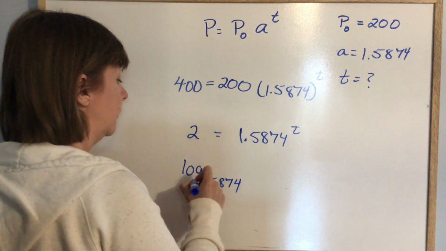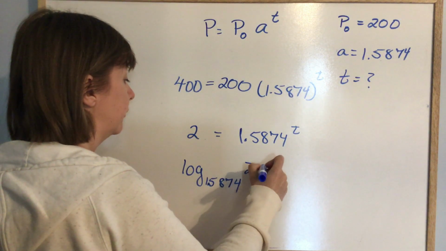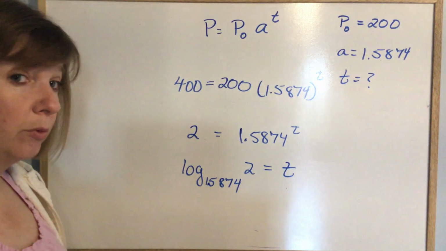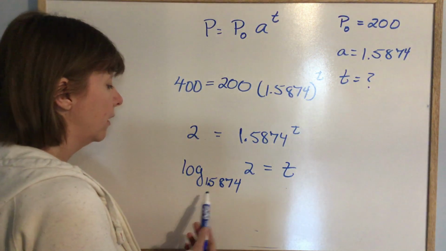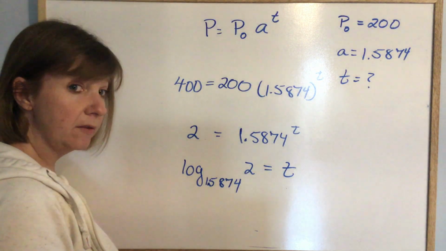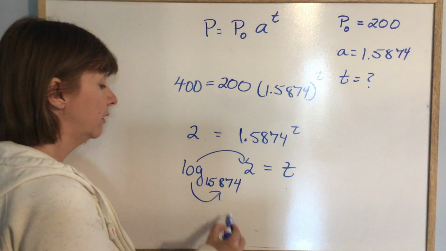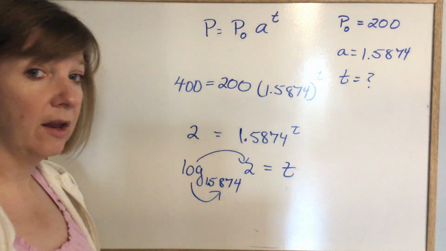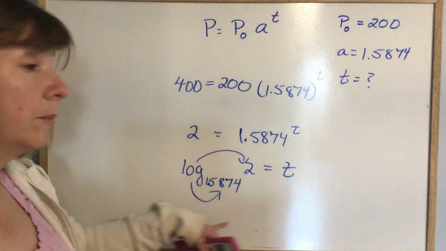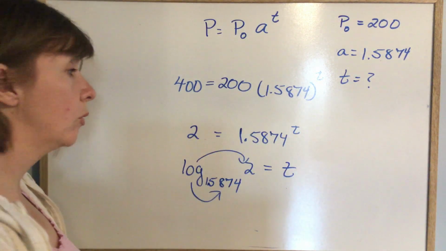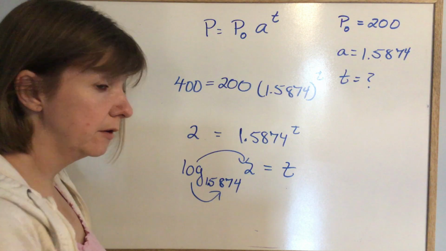And it would be log base 1.5874 of 2 is equal to T. And we said if you want to evaluate a log in your calculator that is not in base 10, there was a shortcut for that. You do log of 2 divided by log of 1.5874, which is what I ended up doing when I did it the long way, when I took the log of both sides and did the power rule. This is just a shortcut.